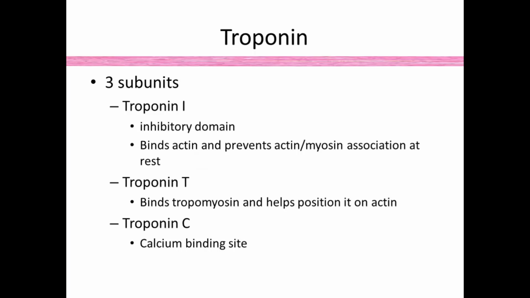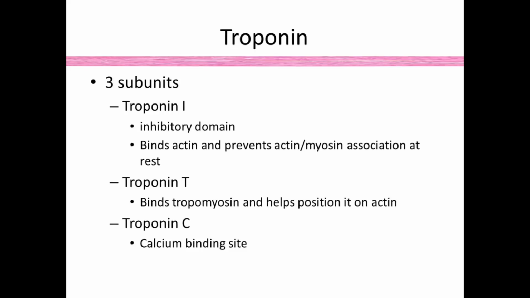We also have troponin T, which is another component of the same protein that attaches to the tropomyosin. So T for tropomyosin. And last is troponin C, which is sticking out, facing the cytoplasm, waiting to be bound to calcium. So C for calcium.